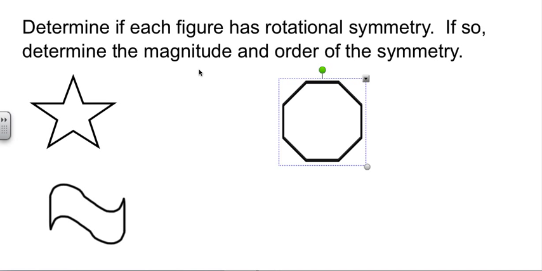So the order of symmetry was 8. 360 divided by 8 is 45, so the magnitude of symmetry is 45 degrees. Order 8, because there were 8 times. Magnitude, 45 degrees.